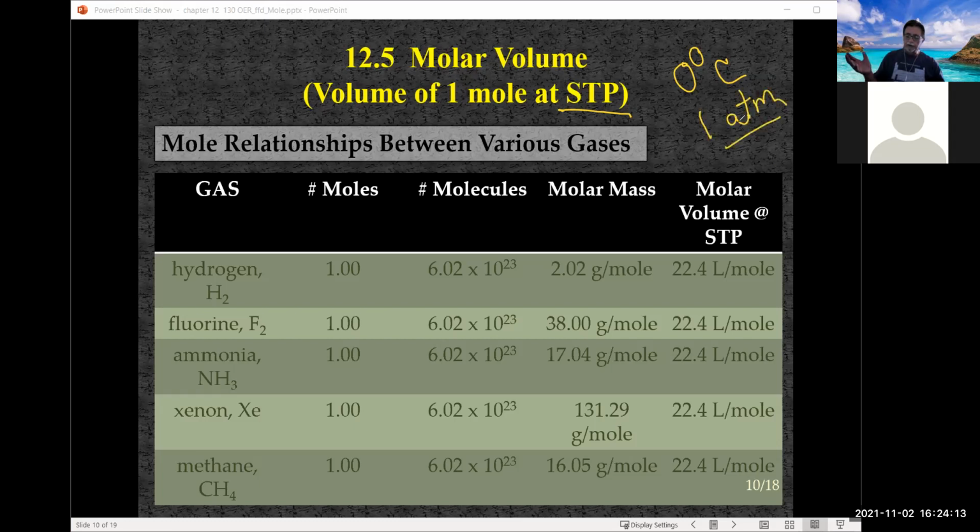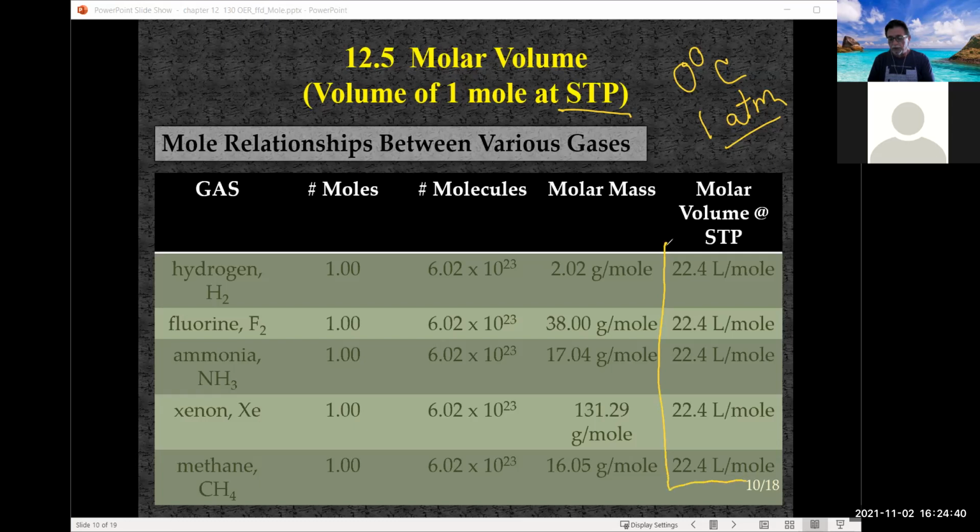Here in Tempe, in the Phoenix metro area, we're at approximately 1 atmosphere of pressure. You go up to Colorado, up high, the atmosphere is a little bit less, okay? But under those conditions only, at 0 degrees and 1 atmosphere, we have this relationship here in the far right column.